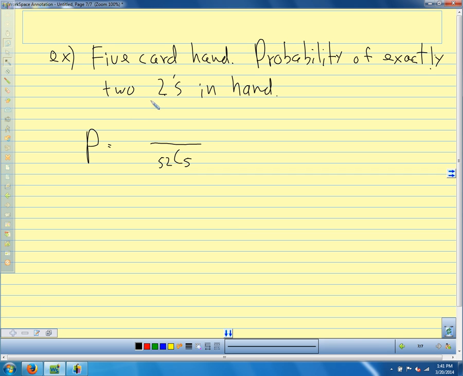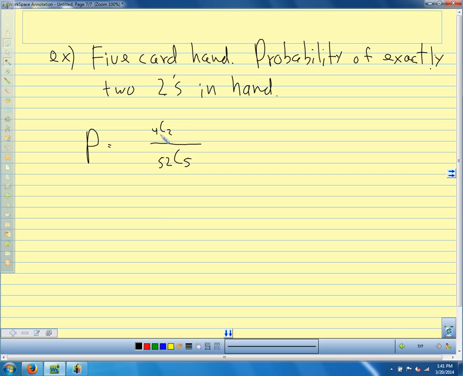Well, we want 2 2s in our hand. How many 2s are in the deck? 4 2s. So we could arrange those 4 2s. We're picking them 2 at a time. So in the numerator, we're going to get a 4 choose 2. Because we can take those 4 cards and arrange them in groups of 2 in those different ways.